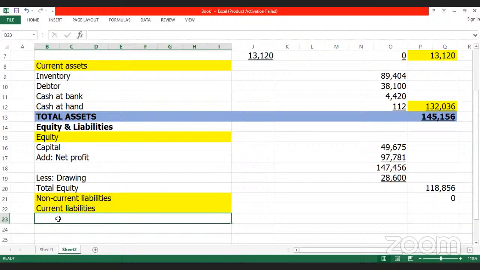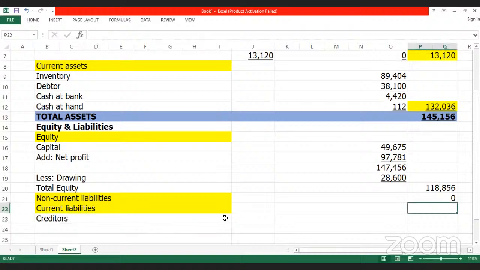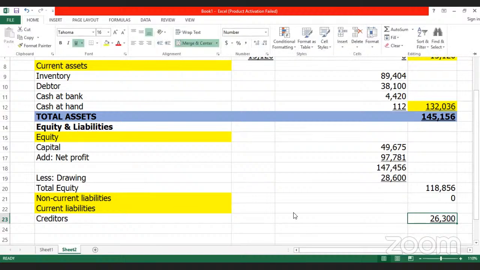We have the creditors, not debtors, the creditors. How much are the creditors? 26,300. We'll just transfer that to the last column, 26,300. If we add more than one, we can list them in the second column, then we add and transfer the total to the last column, but we only have one current liability, and that is the creditors figure.